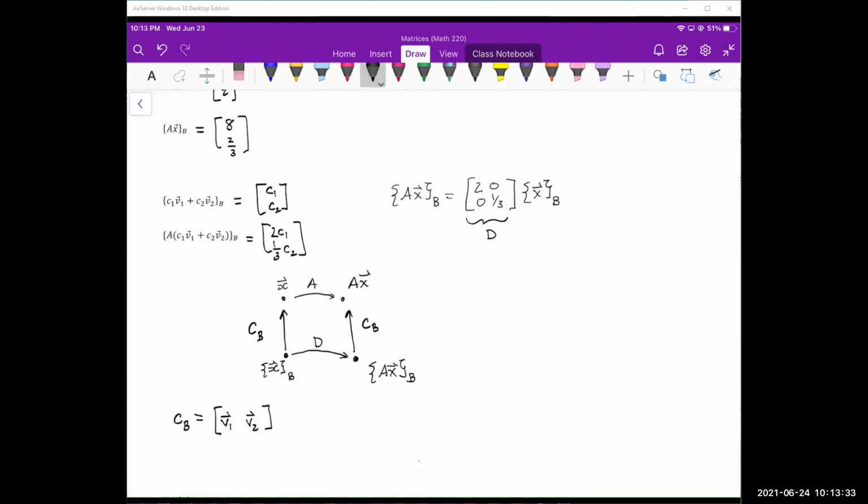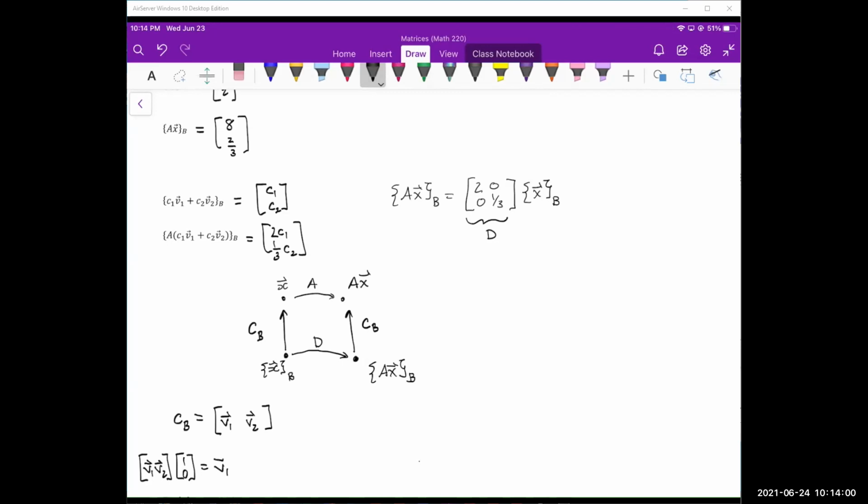So for instance, if we started out with 1, 0, and we multiply this by V1, V2. Okay, well, in coordinates 1, 0, weights 1 and 0 says we want 1 copy of V1 and 0 copies of V2 and sum them.